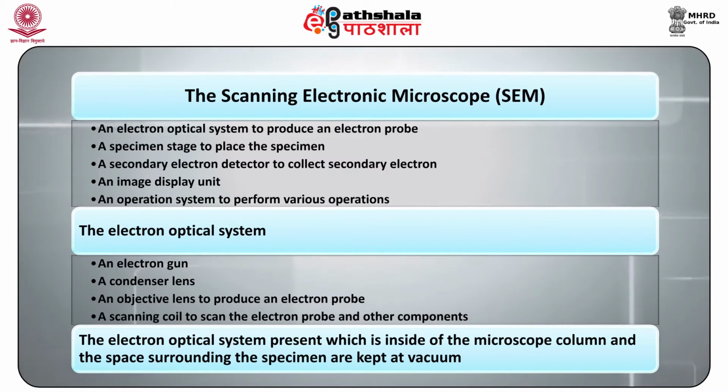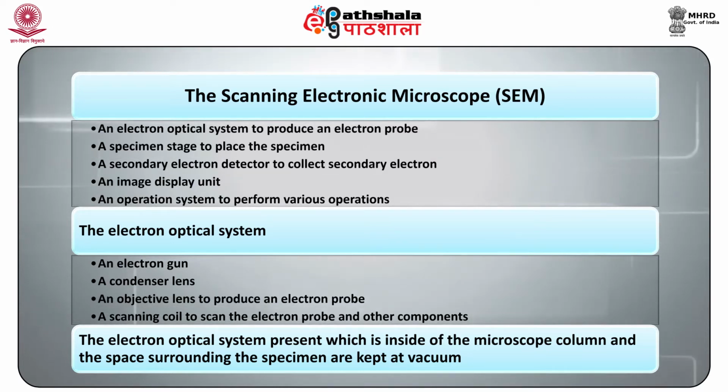The scanning electron microscope requires an electron optical system to produce an electron probe, a specimen stage to place the specimen, a secondary electron detector to collect secondary electrons, an image display unit and an operation system to perform the various operations.